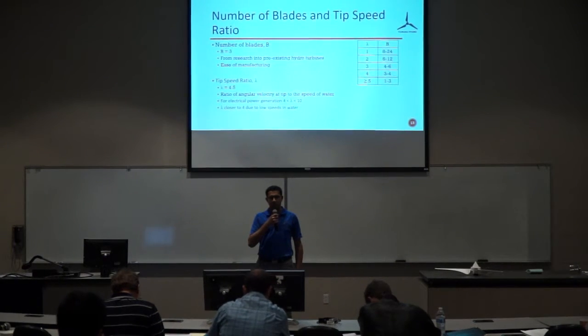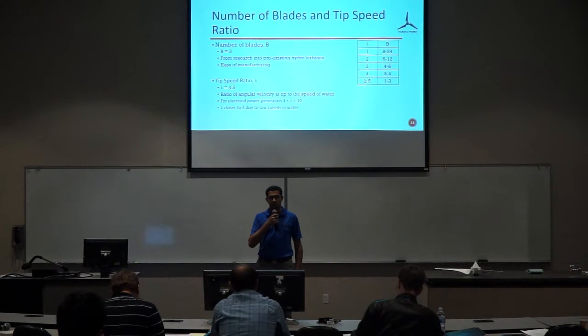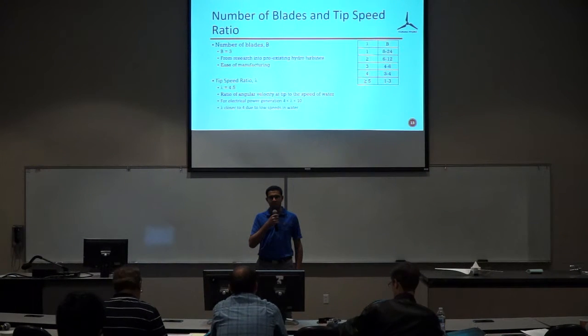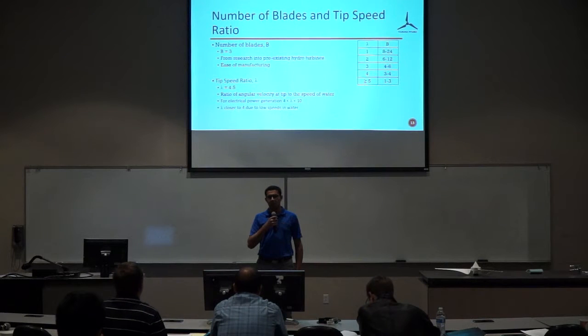The team chose the number of blades to be 3 because we researched into pre-existing hydro turbines and due to ease of manufacturing. As you can see in the table on the right, the number of blades 3 gives a range of the tip speed ratios indicated by the variable lambda from 4 to 5.